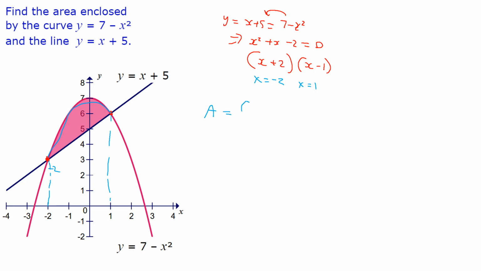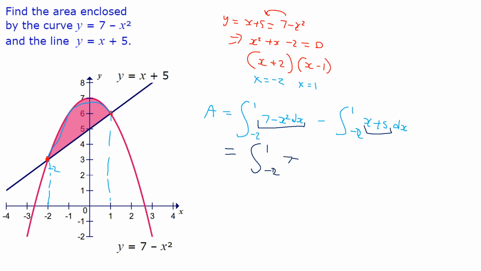It's going to be the integral between 1 and minus 2 of 7 minus x squared dx minus the integral between 1 and minus 2 of x plus 5 dx, right? However, because they are both in the same range, we can just combine them into one integral, okay?